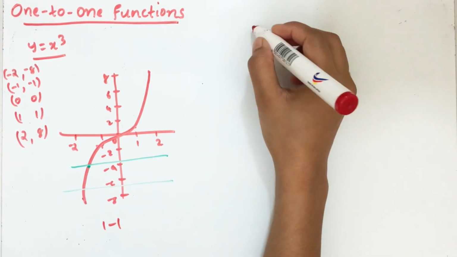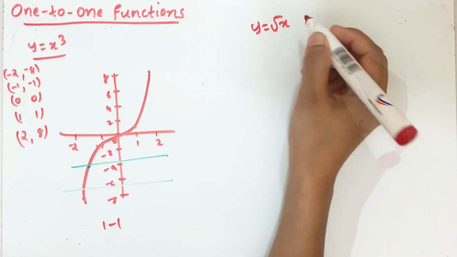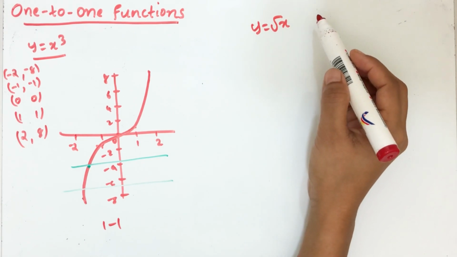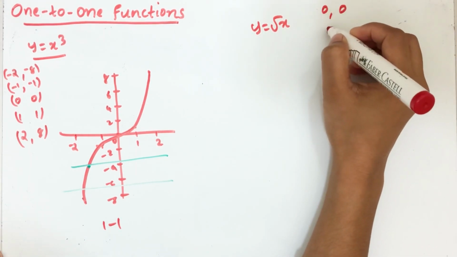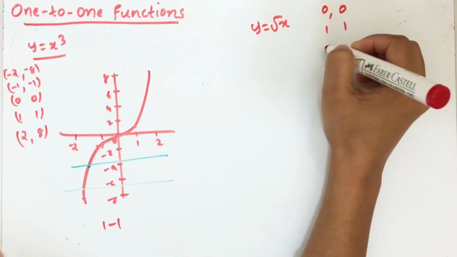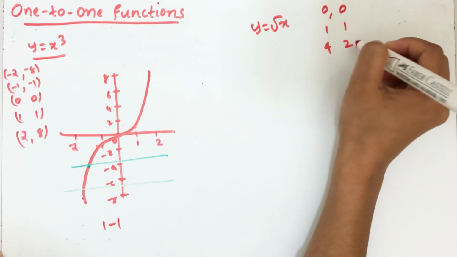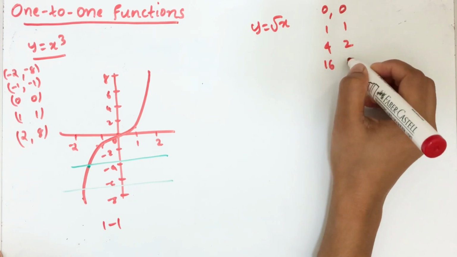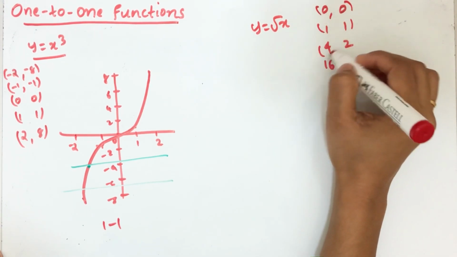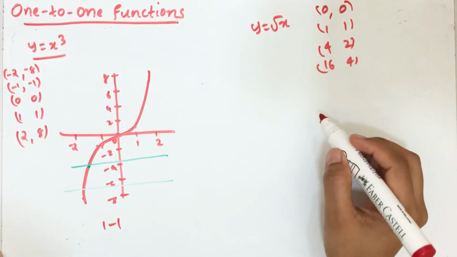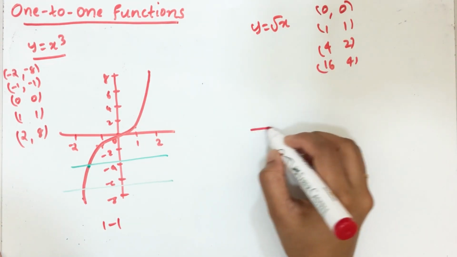Next example, see y equal to root x for x greater than or equal to 0. When x is equal to 0, y equals 0. When x equals 1, y equals 1. When x equals 4, y equals 2. When x is equal to 16, y equals 4. So these are the points. We can draw the graph.